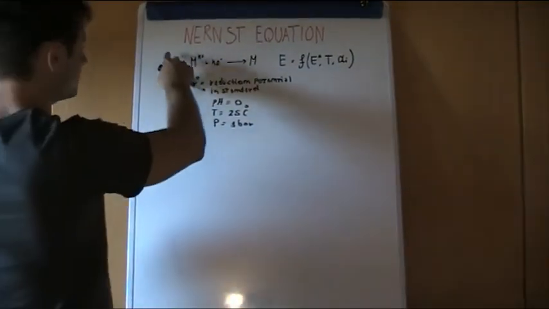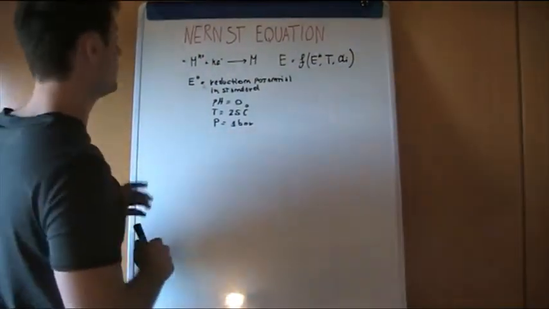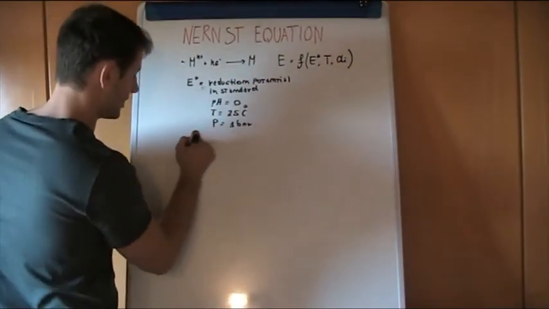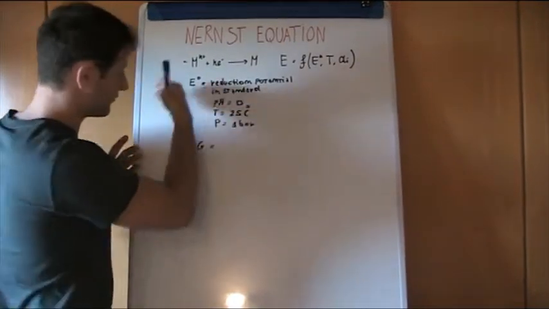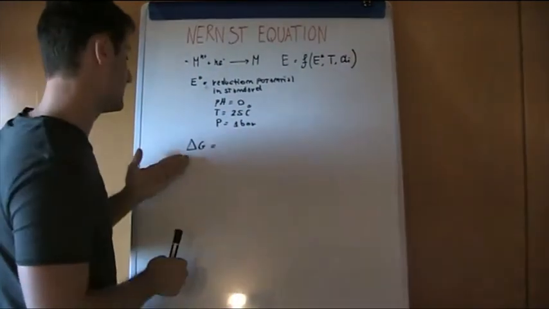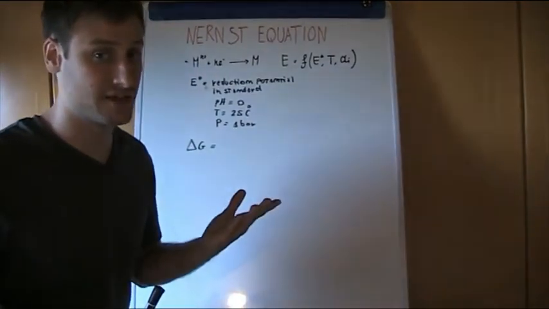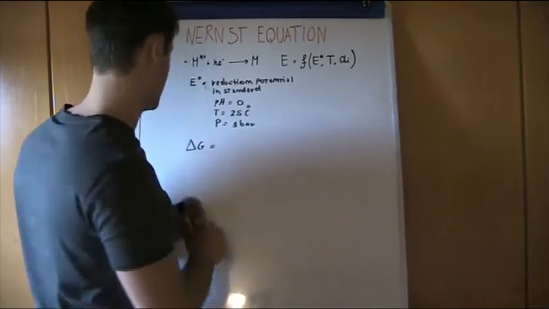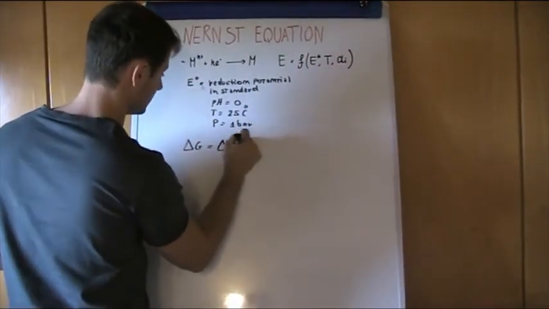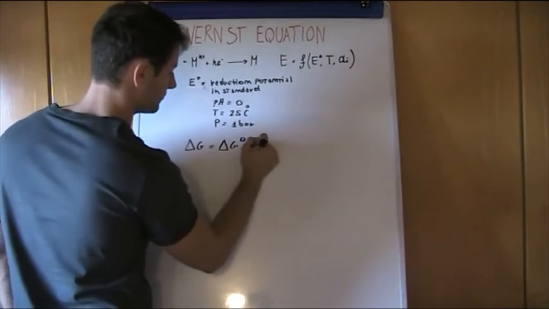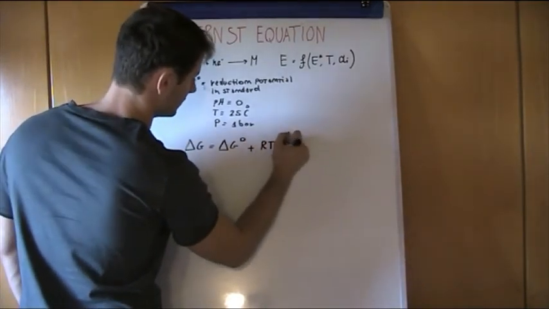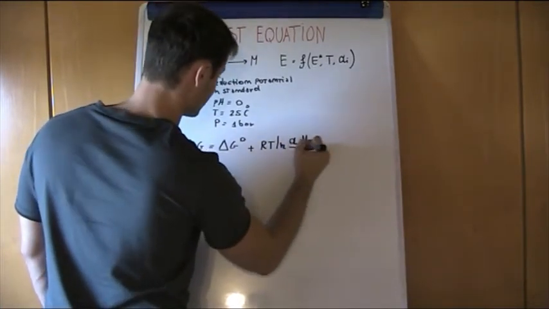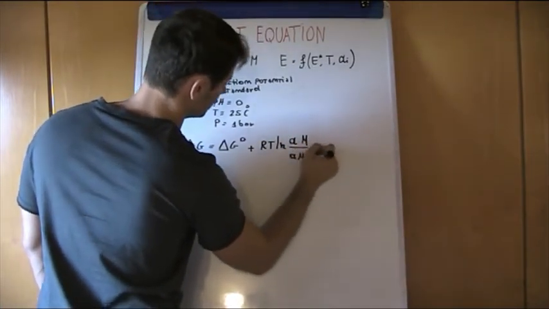So now for this specific generic semi-reaction, we know that since this is a chemical reaction, we have a free energy associated, so a variation in the free energy. It could be negative or positive according to whether this reaction is spontaneous or not, and this is equal to the one in standard conditions plus RT logarithm of the activity of the product versus the activity of the reagent.